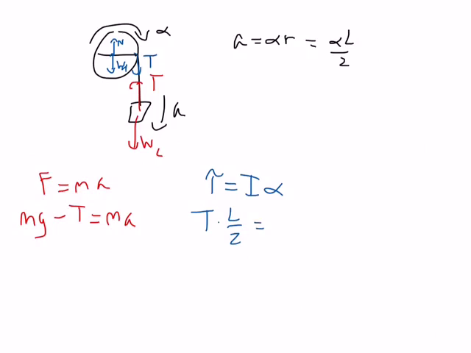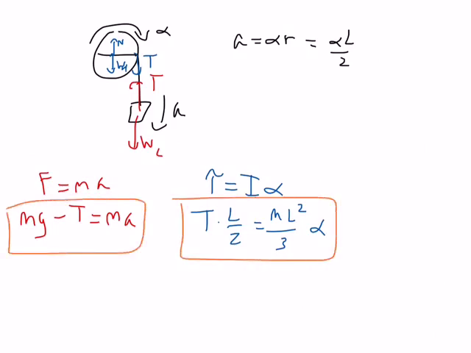We know that the angular acceleration is related to the linear acceleration. I'm going to leave it as alpha for now, so we can combine these however we need to. Here, in orange, I'm going to box the 3 equations that we need.